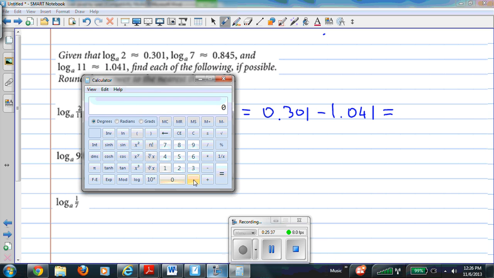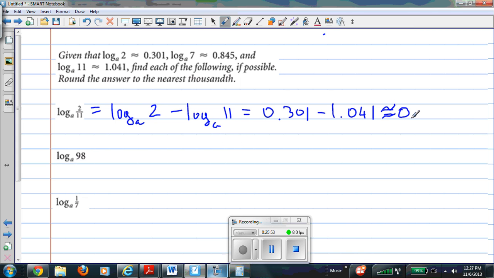Just plugging this into my calculator, 0.301 minus 1.041 equals negative 0.74. And it's approximately negative 0.74.